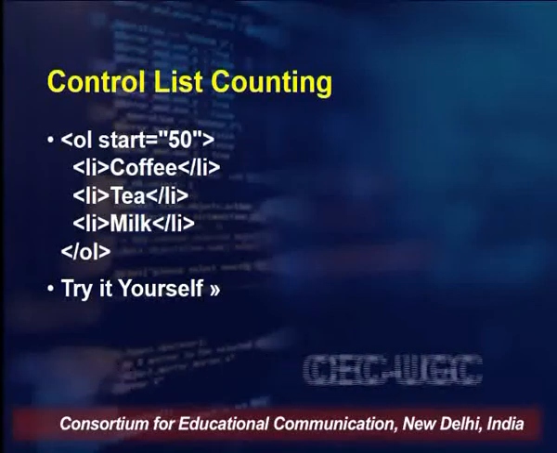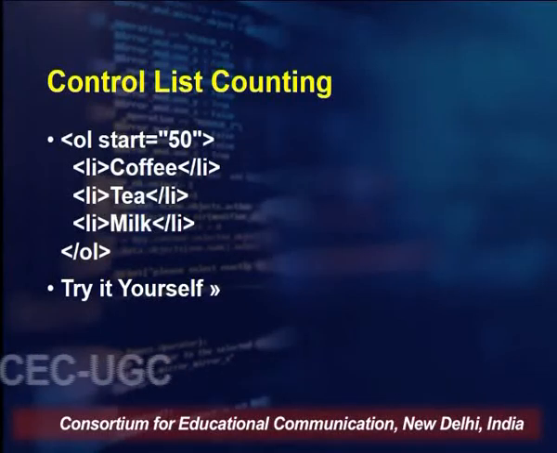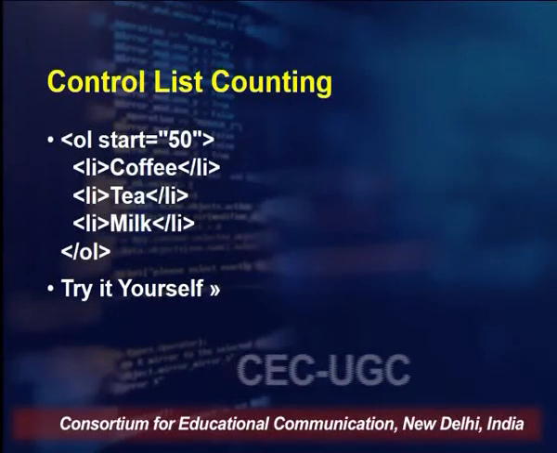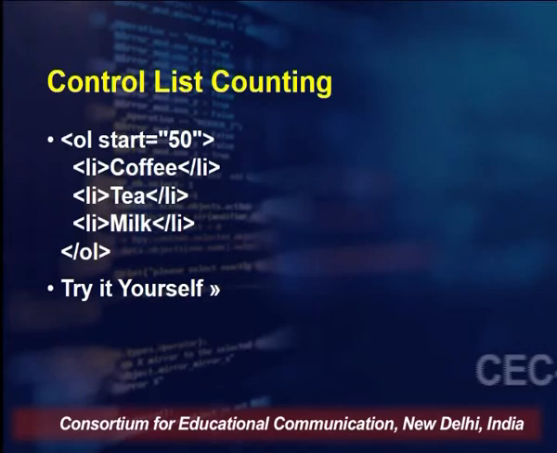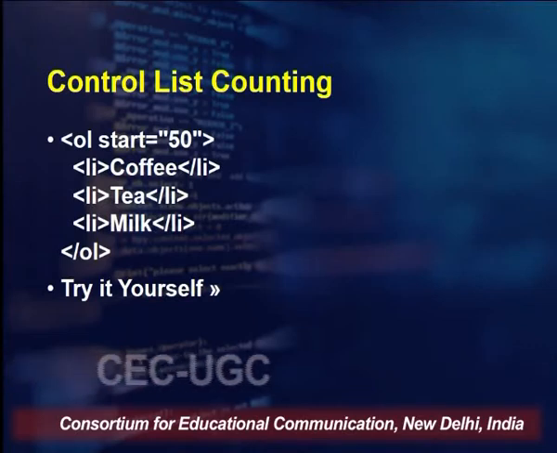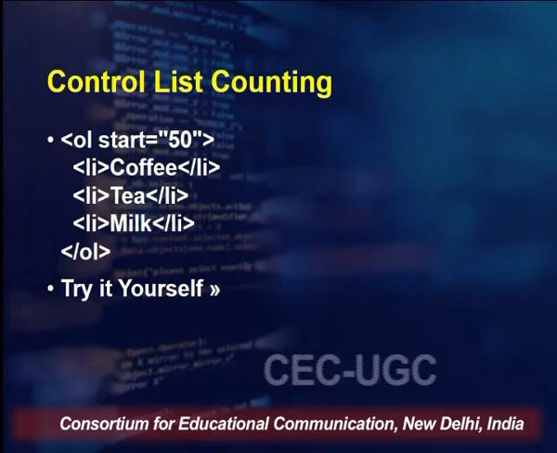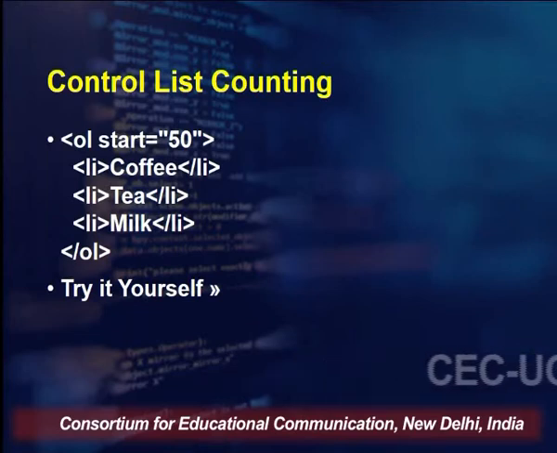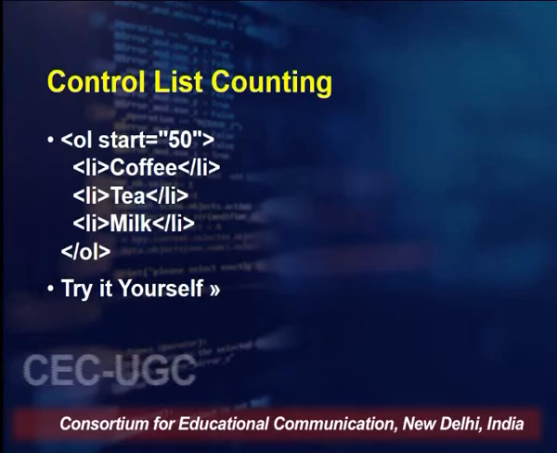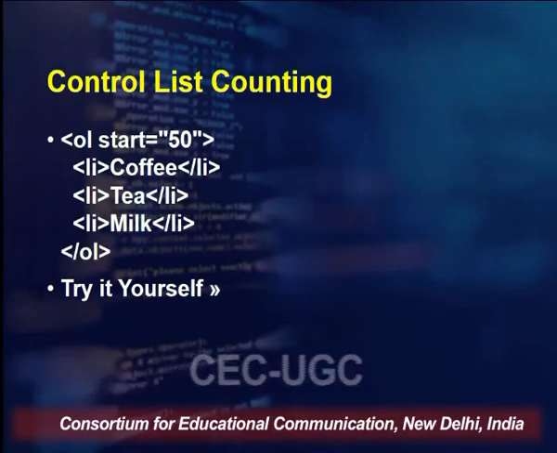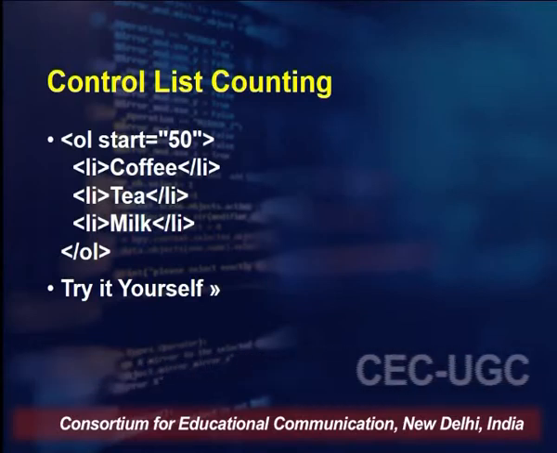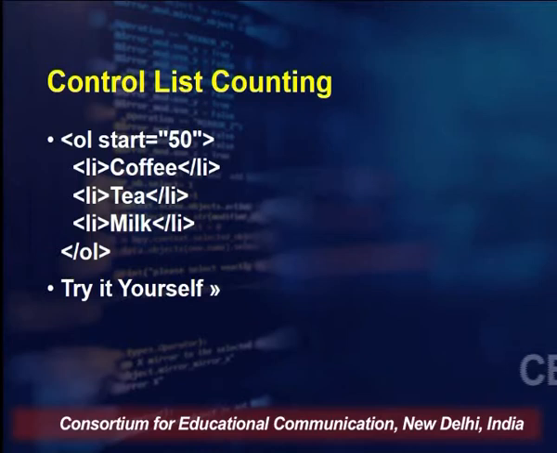Apart from numbering, if we say type equals capital A and we want our list counting to start from F, we can say start equals capital F. The only thing you need to remember is please don't contradict the start and the type attribute.